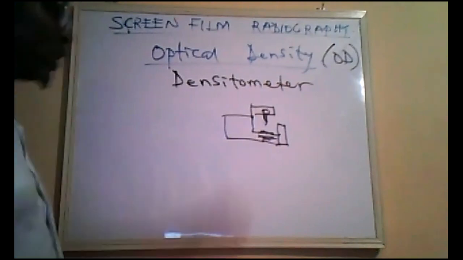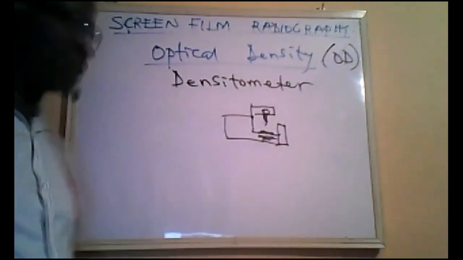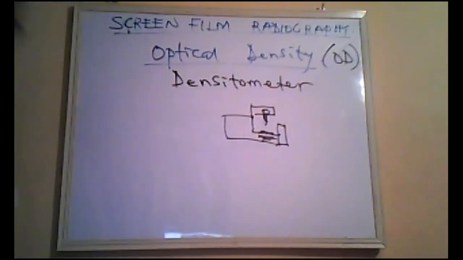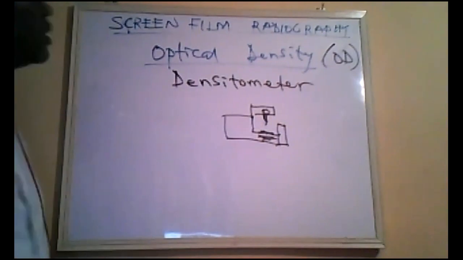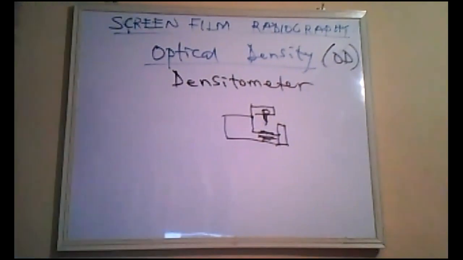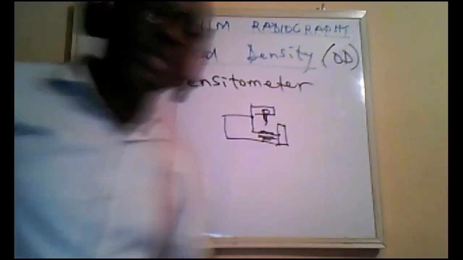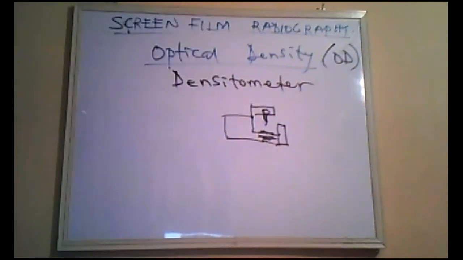Even if you put a new film here, a film that has not been exposed, it's actually going to give us a particular reading. Well, we get to that when we talk about the HD curve. So the densitometer is the instrument used for measuring the optical density of a film. Optical density of a film is just the amount of darkening of a film, how much a film is darkened.